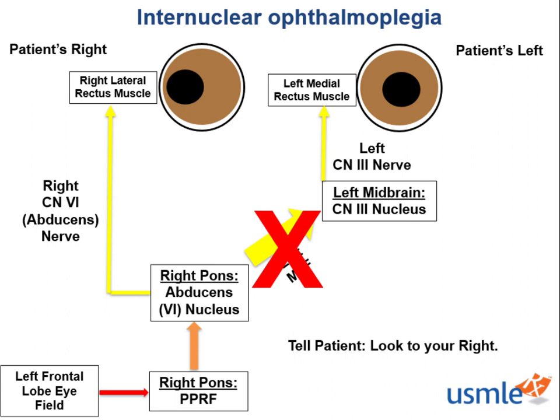Okay, friends, welcome back. So, not only do we see that the patient's left eye cannot adduct, but the patient's right eye starts to dance back and forth as it realizes that it is out of alignment with the left eye. It might look something like this.